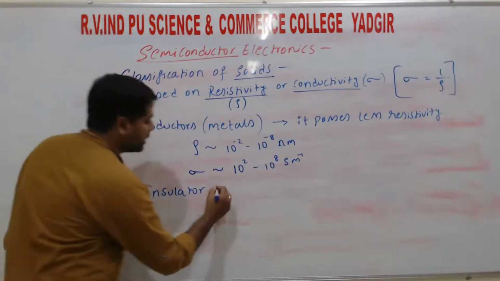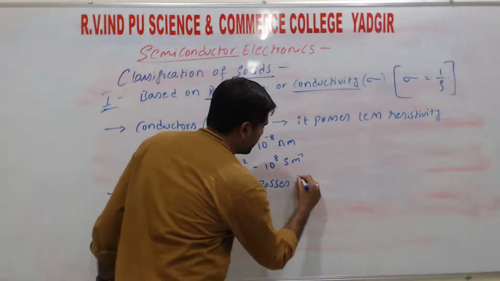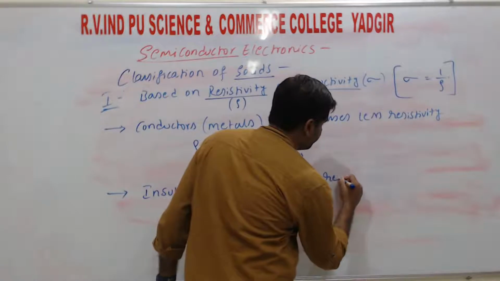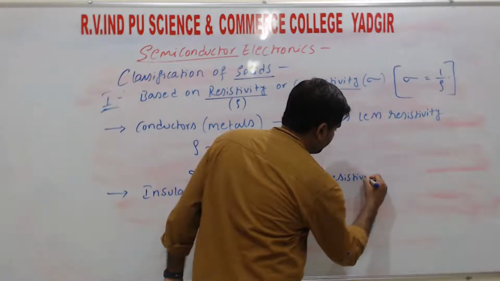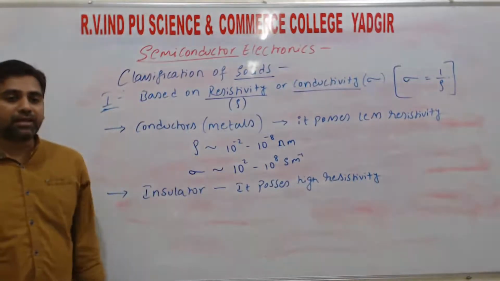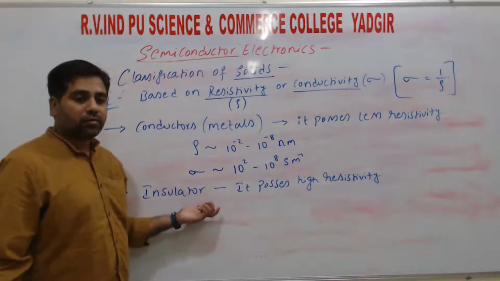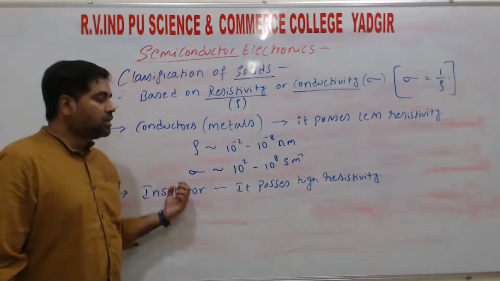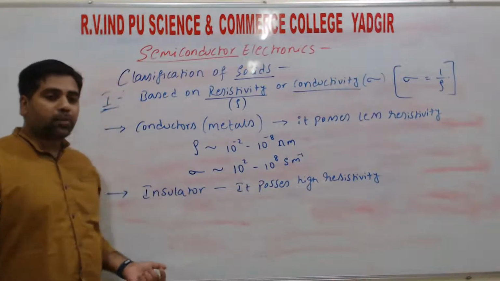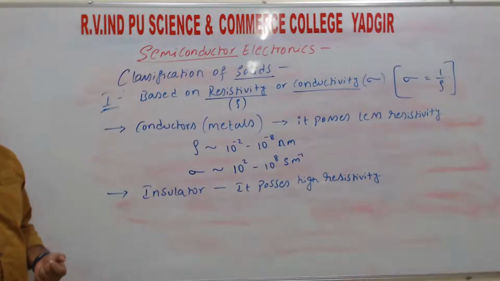An insulator possesses high resistivity. Any solid which has high resistance, that is, it opposes the flow of electrons in that solid, we call an insulator, right? The resistivity is the resistance per unit length, so that is what we call resistivity, right?